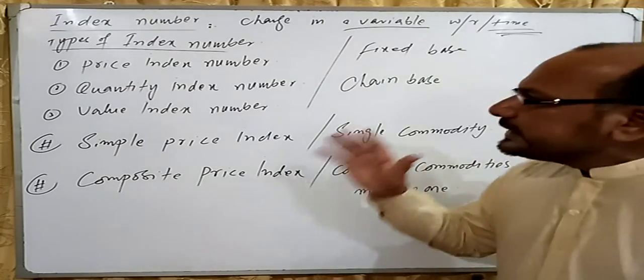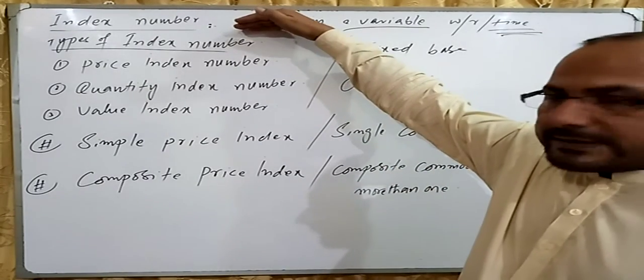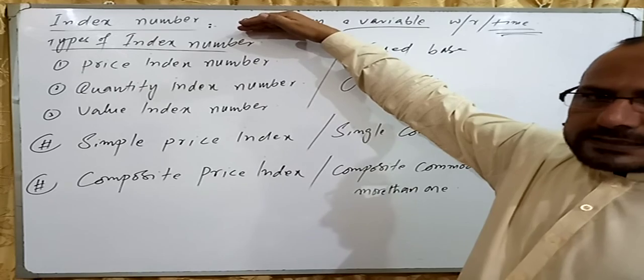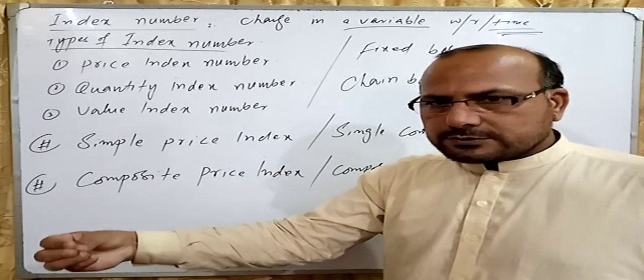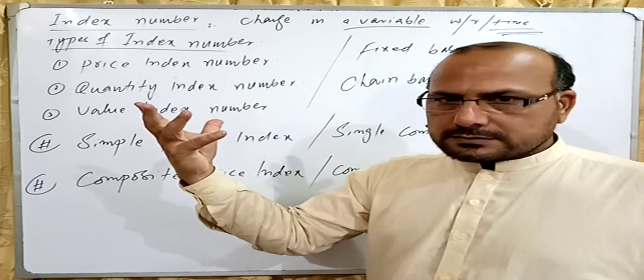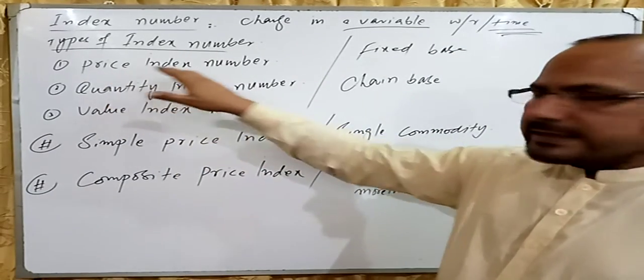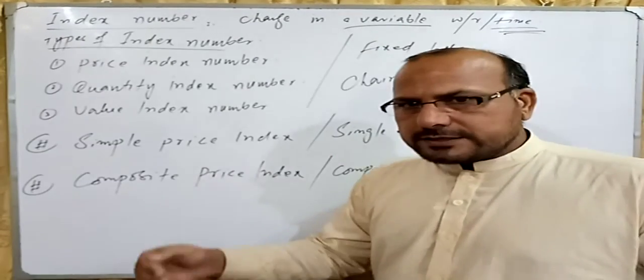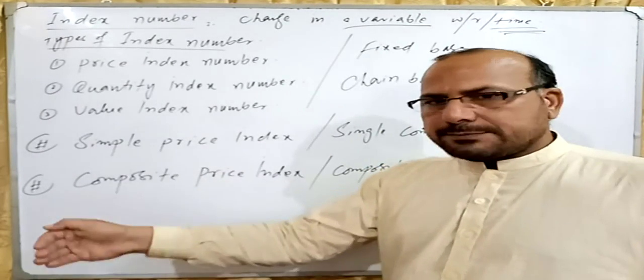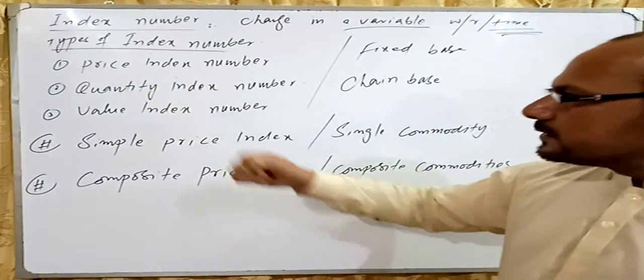So you need to understand first the definition of index number. What is index number? Change in a variable with respect to time. That is called index number. Types of index number: price index number, a change in the price of a commodity or group of commodities from one time period to another, is called price index number.